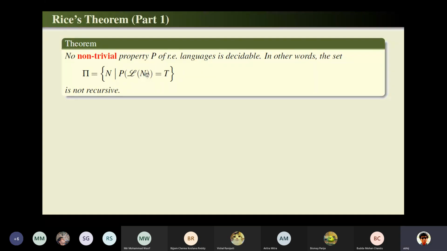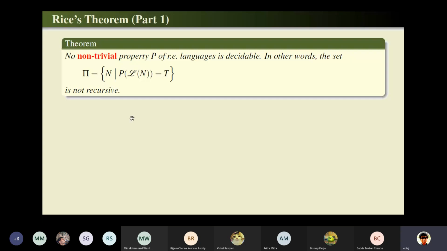So this set is the entire collection of Turing machines for which the property is true, and I will represent this property pi by a single machine n, and I will ask the question about n. Is the language of n has this property p? Okay, so this is the formalization of representation of properties.